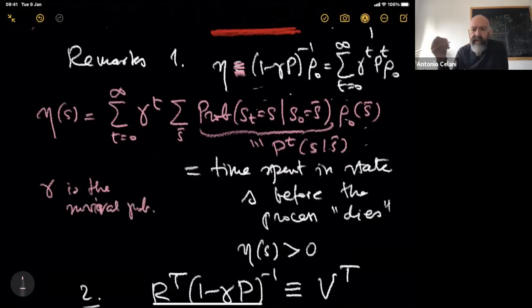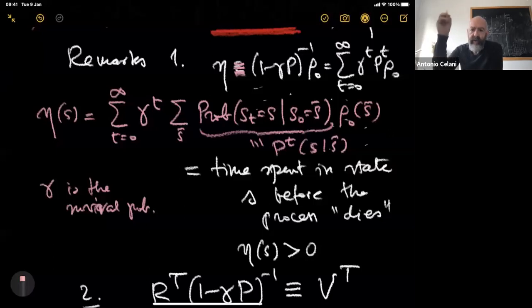So we can interpret this discounting as the probability of not being killed at each step. Sorry, 1 minus gamma is the survival probability. No, gamma is the survival probability. I'm messing it up. Gamma is the survival probability at each step, okay? So at each step with probability 1 minus gamma, the process gets killed. That's the interpretation of discounting.